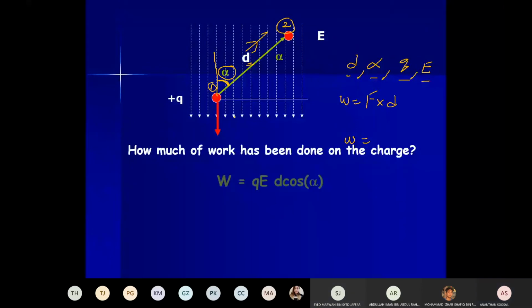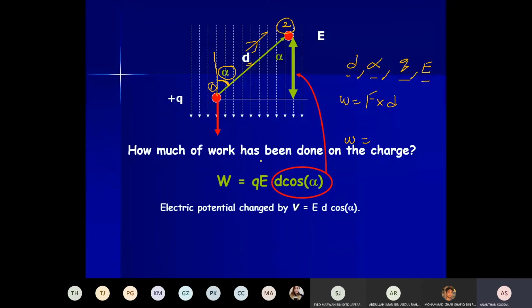Okay, so this is the work, right? So the work is what? Work is, as I told you, force times distance traveled in the direction of the force. The force we know is QE, Q times E. The force you need to apply is upwards.